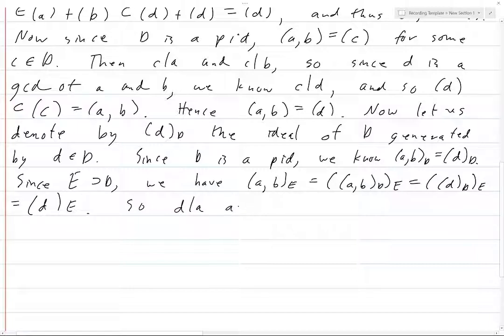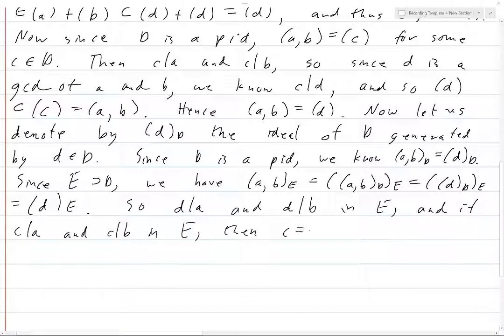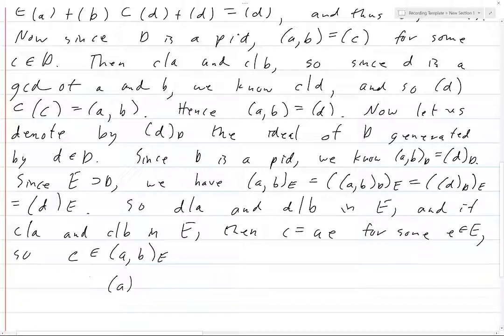So D divides A, and D divides B in E, and if C divides A and C divides B in E, then C equals A E for some E in capital E. So C is in the ideal generated by A and B in E because, in particular, C is an element of this, which is a subset of this.